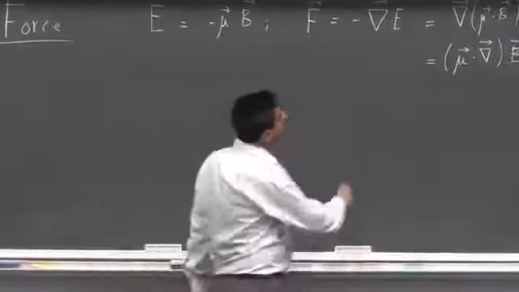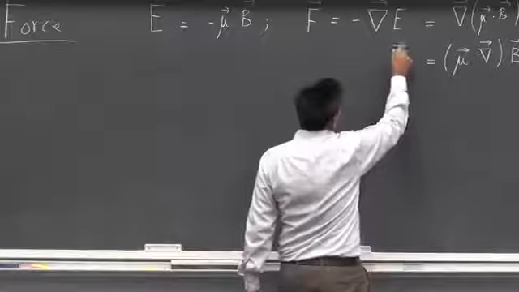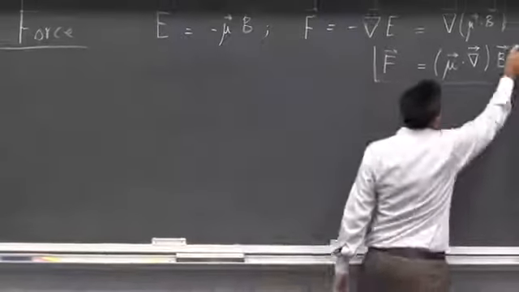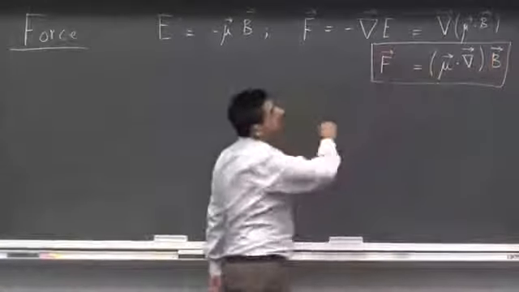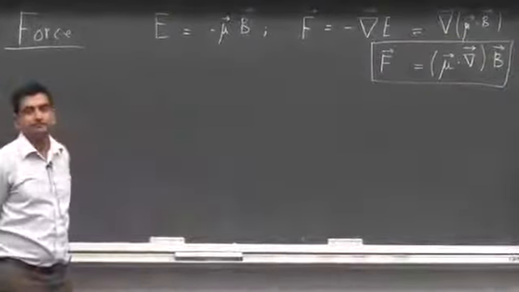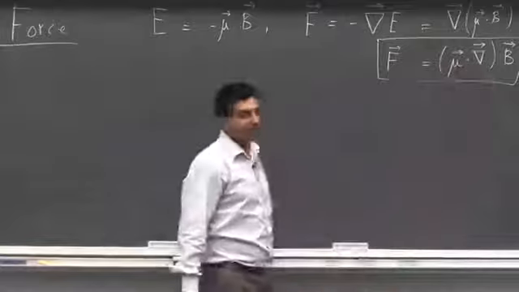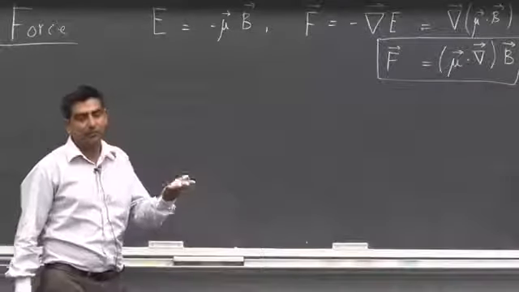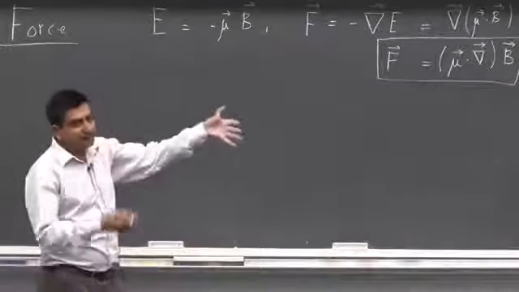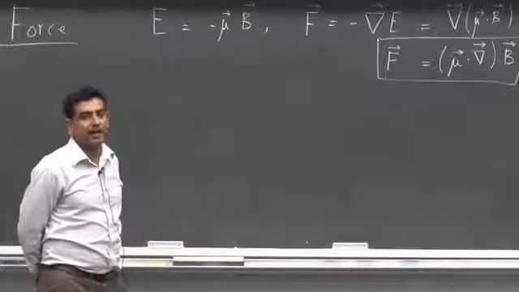Okay, so this is the force on a dipole. You have to use a vector identity to expand this, and the assumptions that I made, that the mu is really small. Now let's look at this particular aspect.